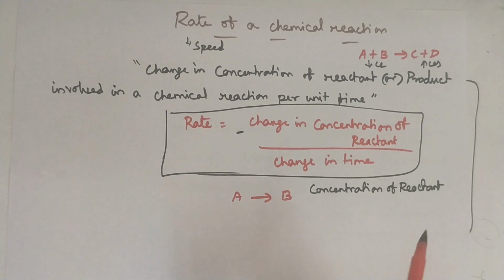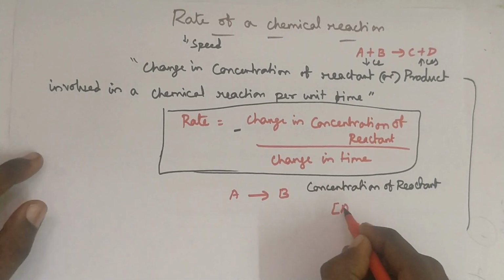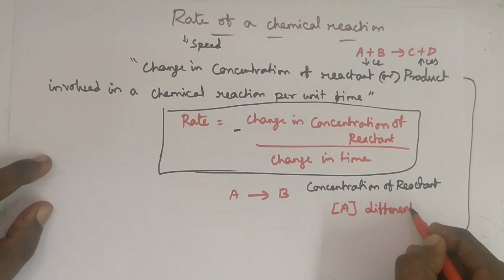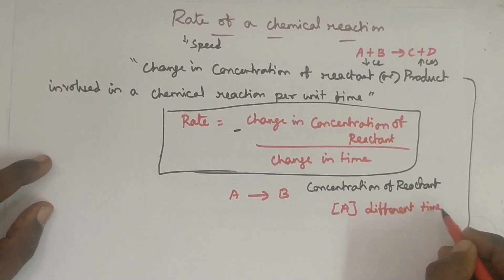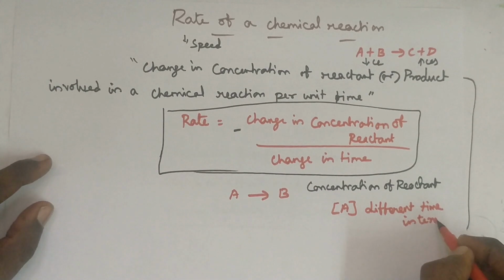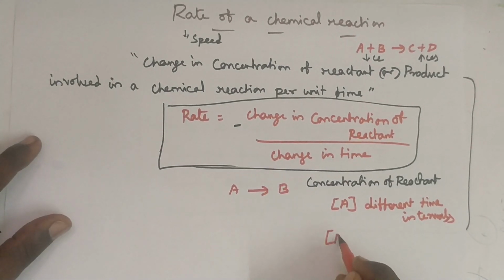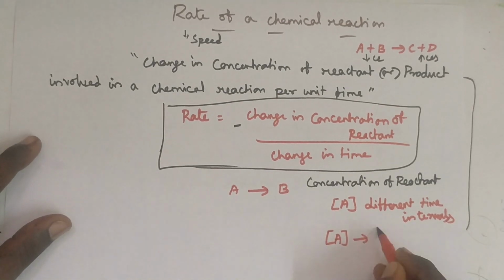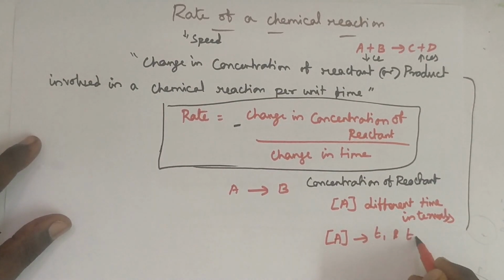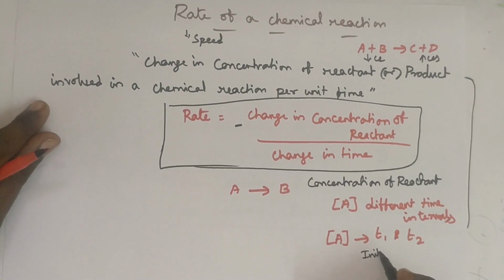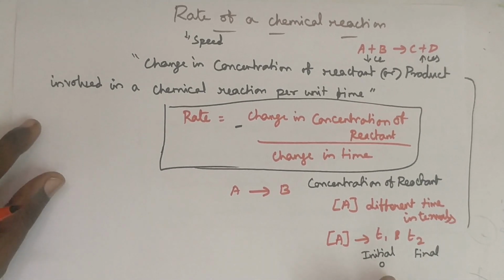Here reactant is A. So A is measured at different time intervals. Suppose A is measured at two time intervals T1 and T2. T1 is initial, T2 is final. Suppose initial is always 0 because before starting the experiment time is 0.